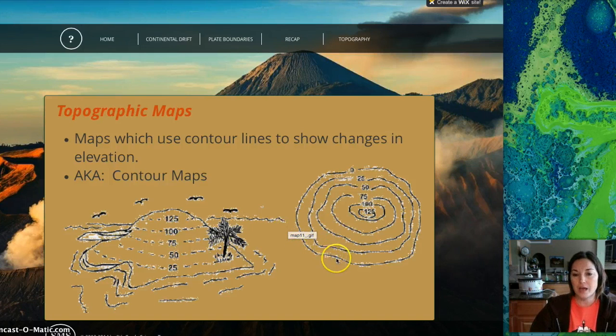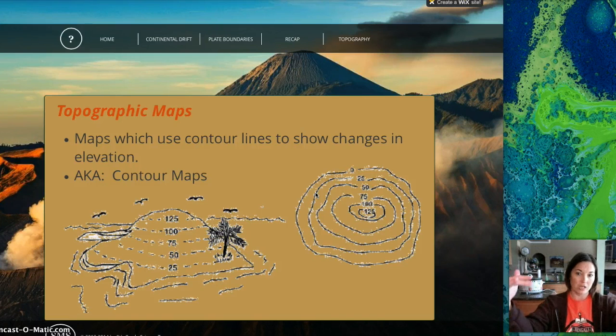So you can see that each one of these lines is a contour line, and this first contour line here, that's 0 feet or sea level, and then the next contour line shows a 25-foot change in elevation. So we've gone up 25 feet, vertical change in elevation. And then the next line shows another 25 feet change in elevation.